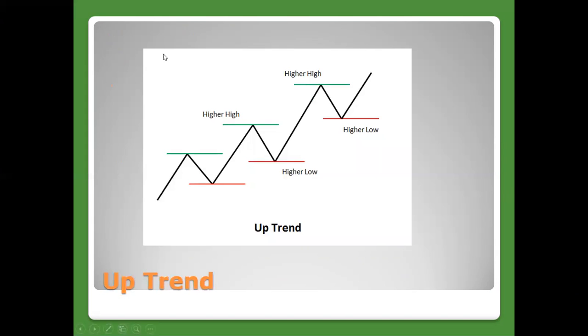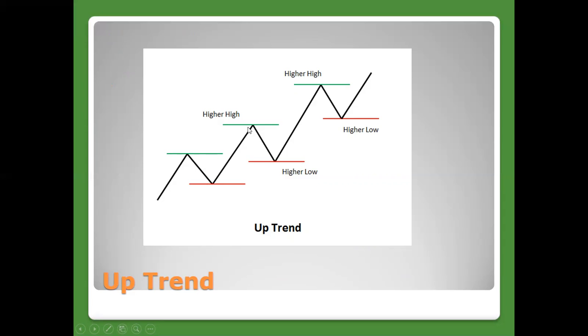So in an uptrend, the price will move up, then do a pullback. However, the pullback won't be below the low. The pullback will be higher than the low that was previously established, and then it will move up further, and then come back down in the form of a retracement, and that retracement can be lower than the previous high.